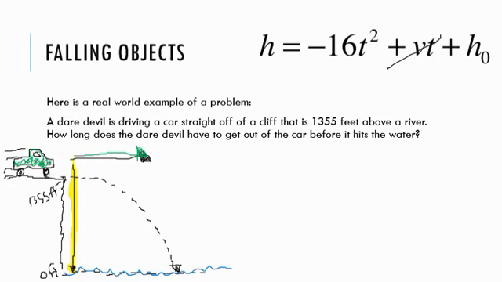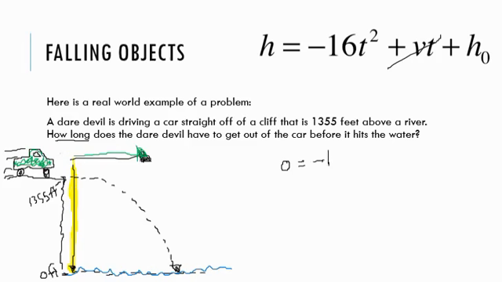So let's solve this out algebraically. We want to find when the car is going to hit the water. The water's at 0 feet here, so I'm going to put a 0 in for h, and then I'm going to be solving for t. Whenever you see how long, ding, ding, ding, I'm solving for t, because t is in seconds.